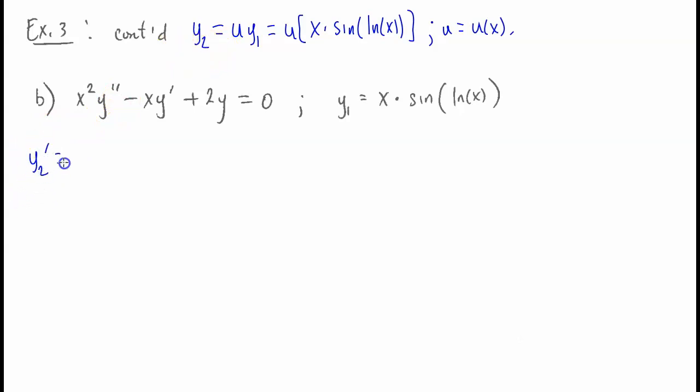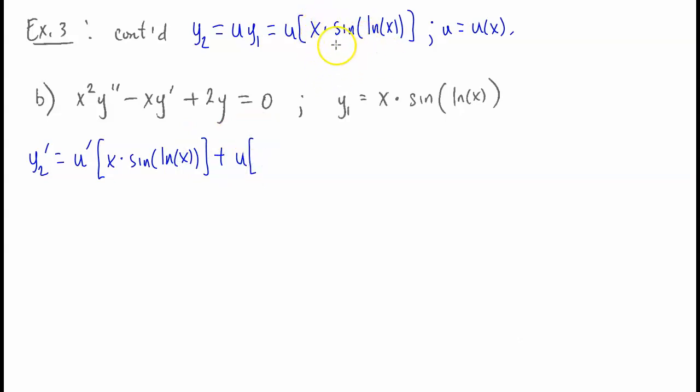So if we do y sub 2 prime, then this is just going to be the derivative of what we see here, and we're going to have to use the product rule. So I'm going to let u be my first function, so derivative of first times the second plus first times derivative of the second.